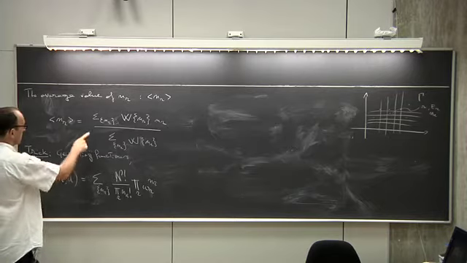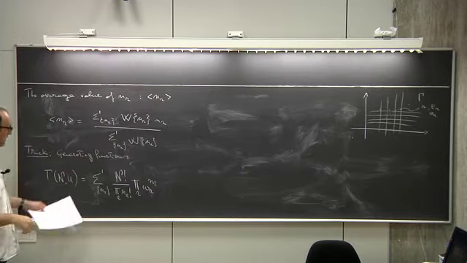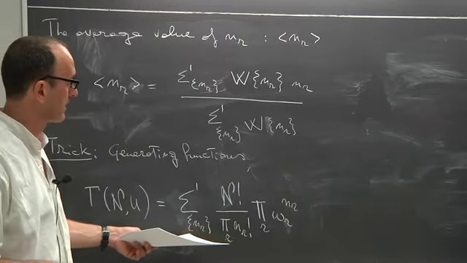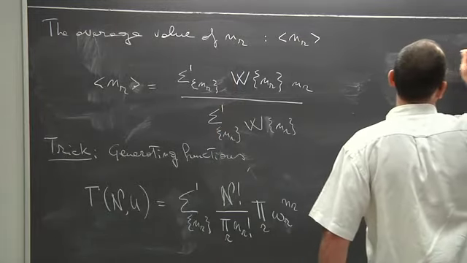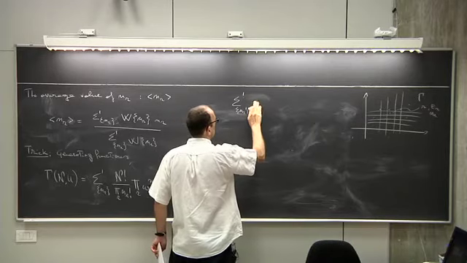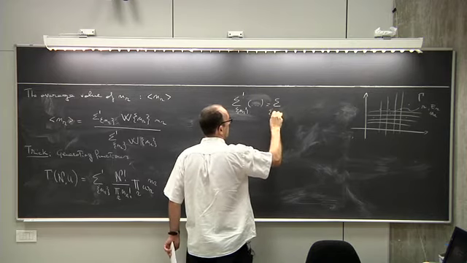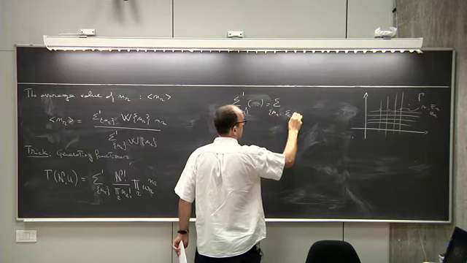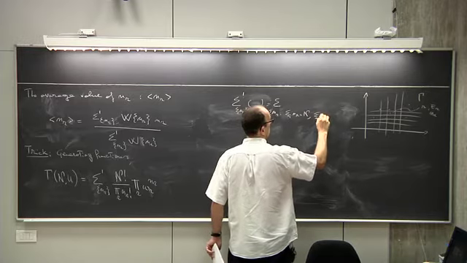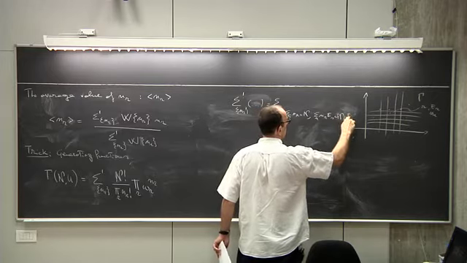Notice that this sum should be over all the n of r such that they satisfy the constraints. So you should think about these sums as a sum over all the n of r such that the sum over r of nr is equal to N, and the sum over r of nr times Er is equal to N times u.